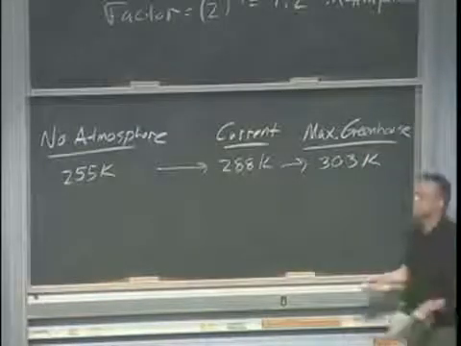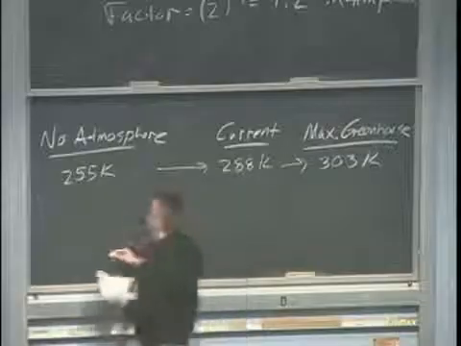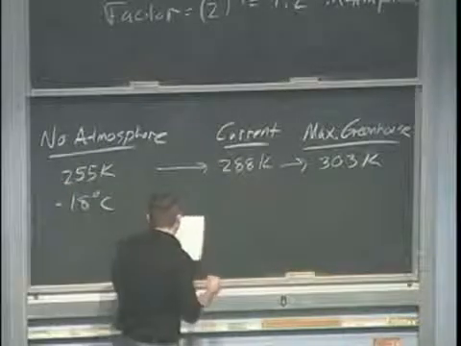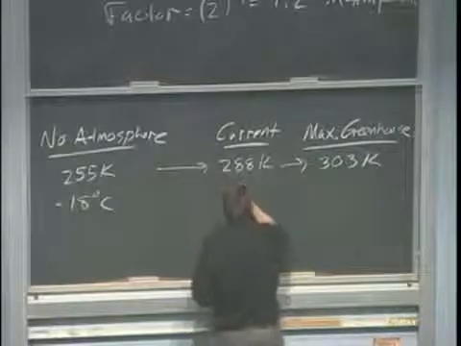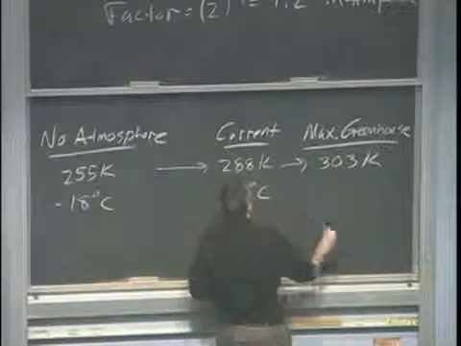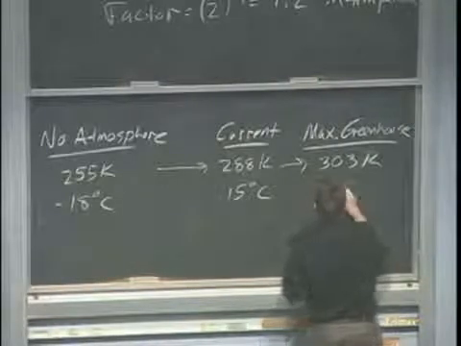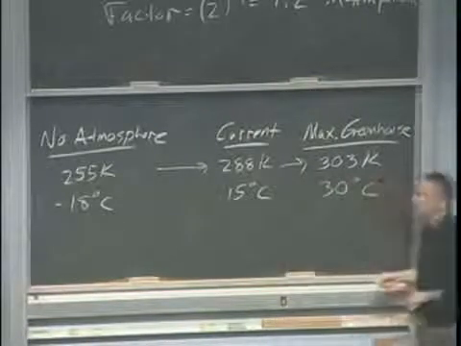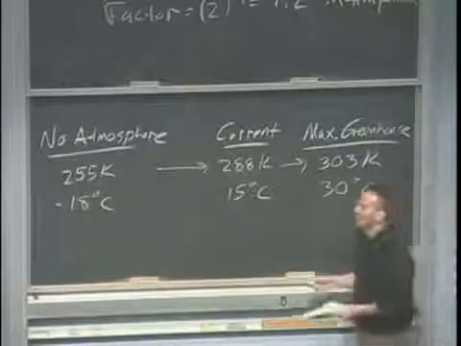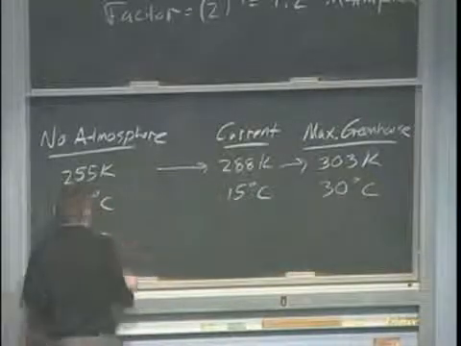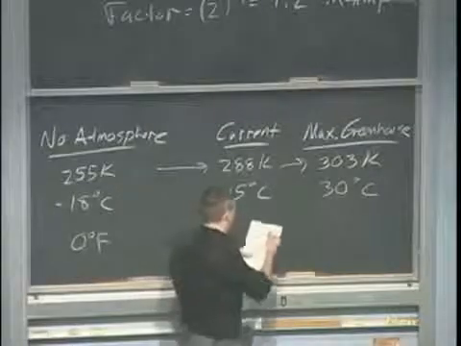Since most people don't think in Kelvin, let's put these numbers in human units. That's minus 18 degrees Celsius. The current value is about 15 degrees Celsius, and the maximum would be about 30 degrees Celsius. In Fahrenheit, that would be about 0 degrees Fahrenheit, so very cold.